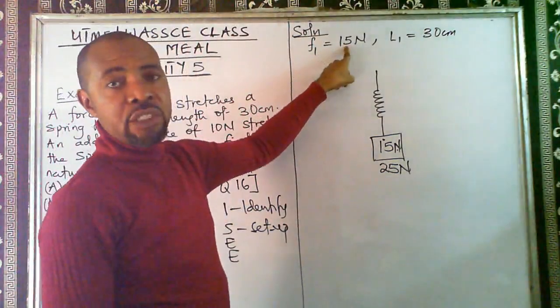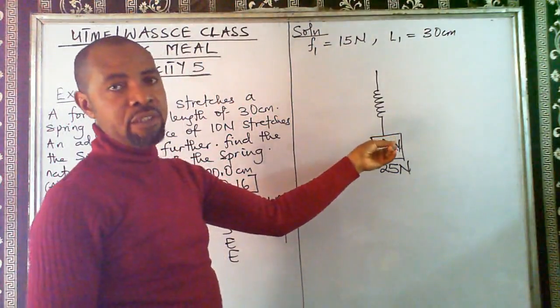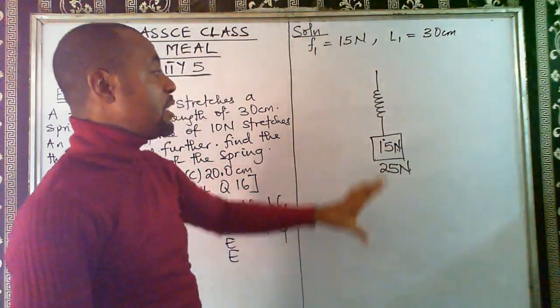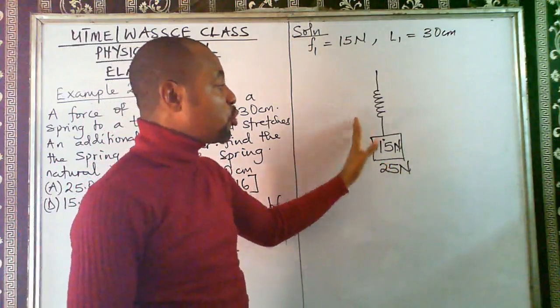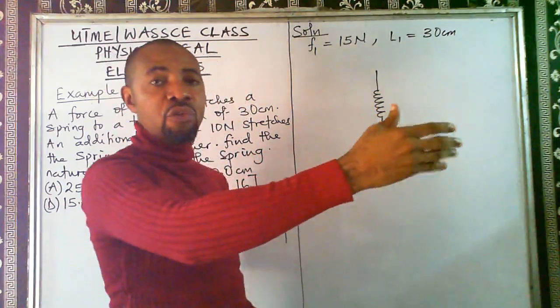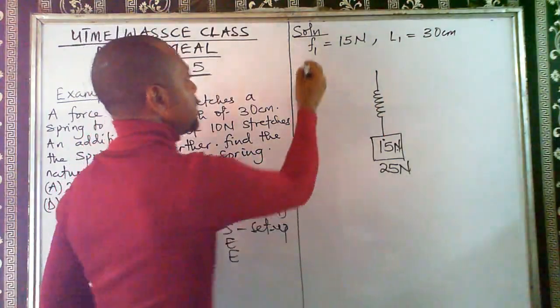The initial force is 15 newton. An additional force of 10 newton. You get that now? That means the total new force is going to be what? 25 newton, because 10 newton was added to the 15 newton that was already hanging on the spring. I hope that is clear.